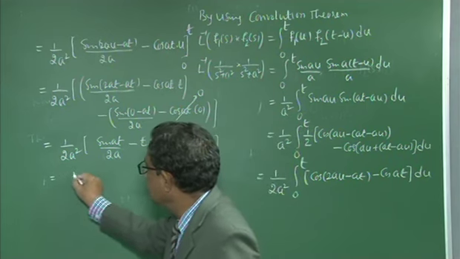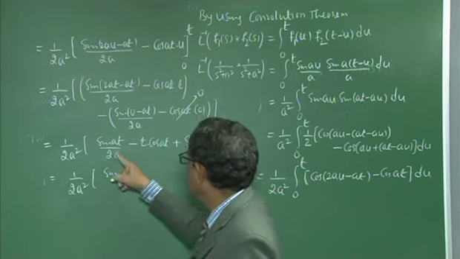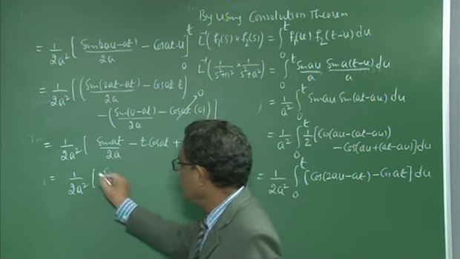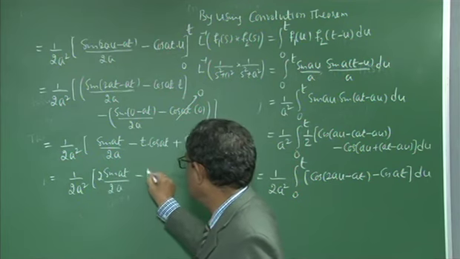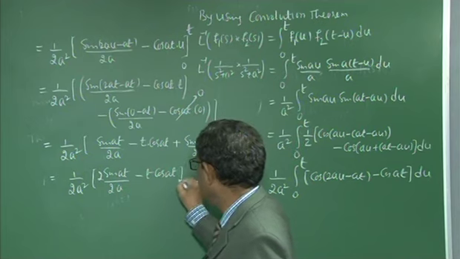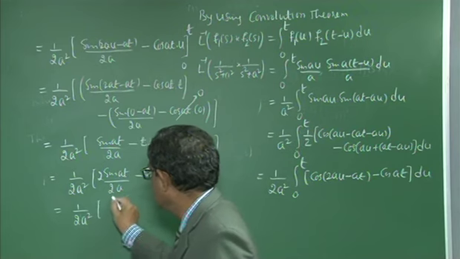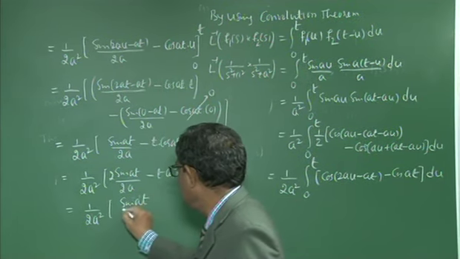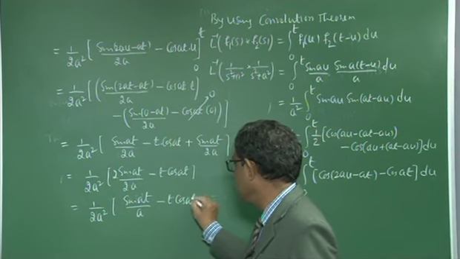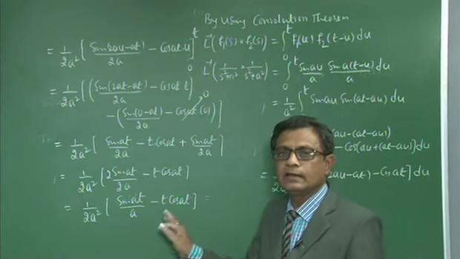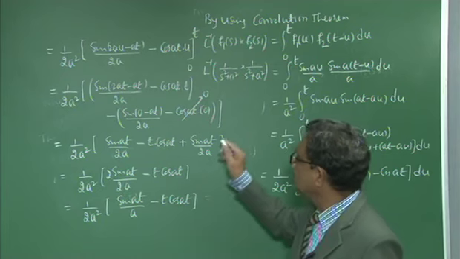So it is 1 by 2a square, 2 sin at by 2a minus t cos at, or further you can simplify: 1 by 2a square, it is sin at by a minus t cos at. This is your required inverse Laplace transform for the given function.